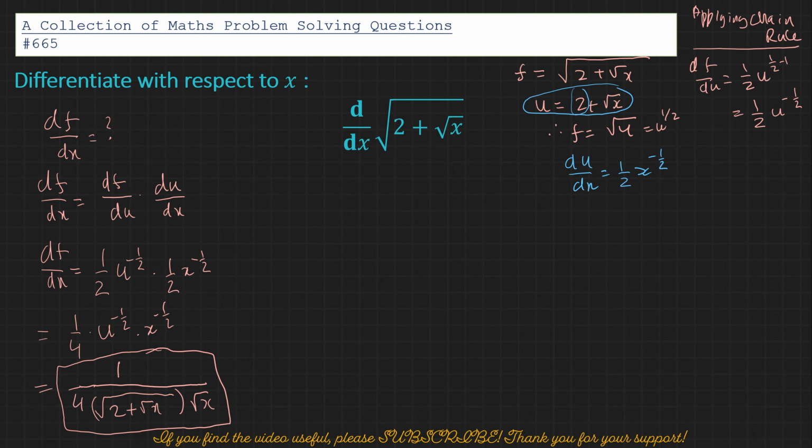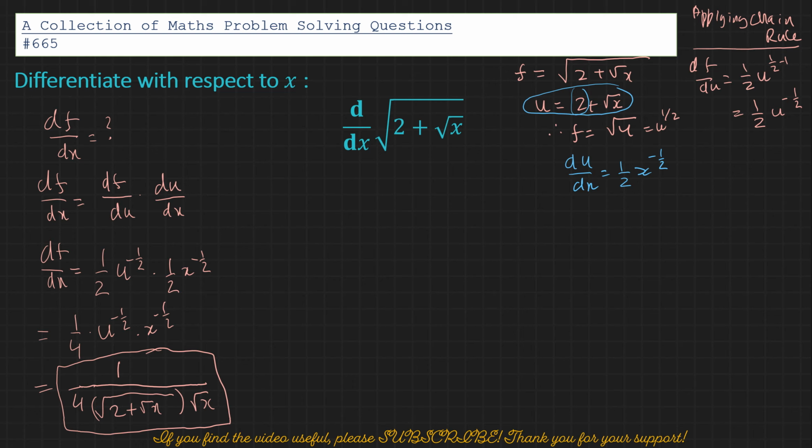So 1 out of 4. But we want to go further because we know a bit more maths. We can rationalize, take off these square roots in the denominator.